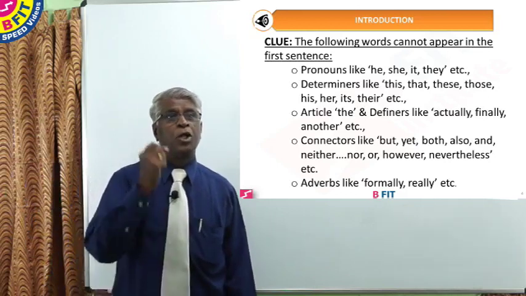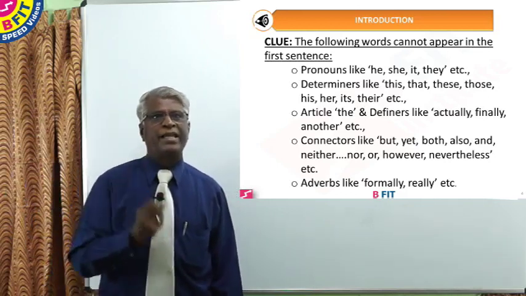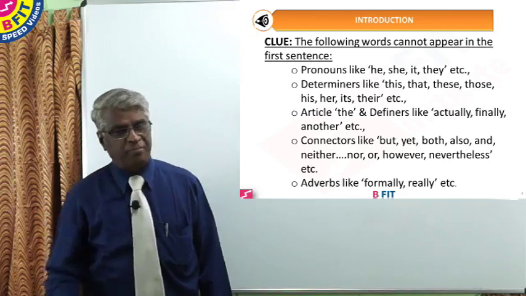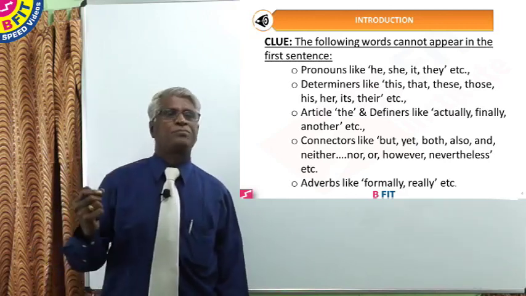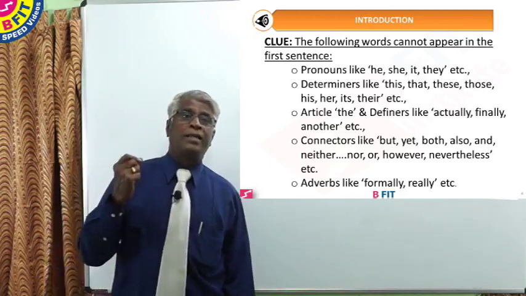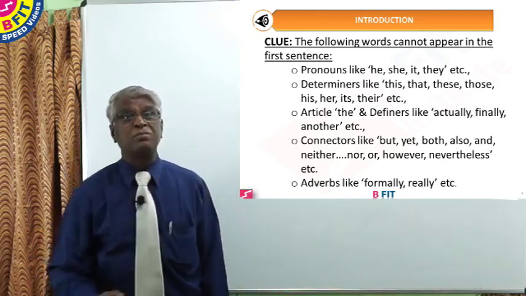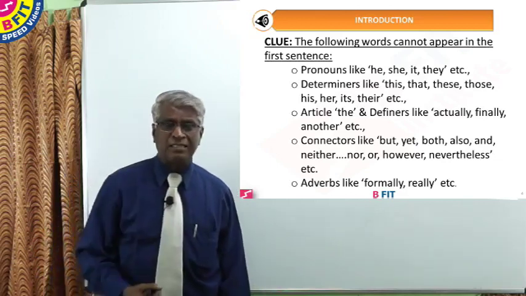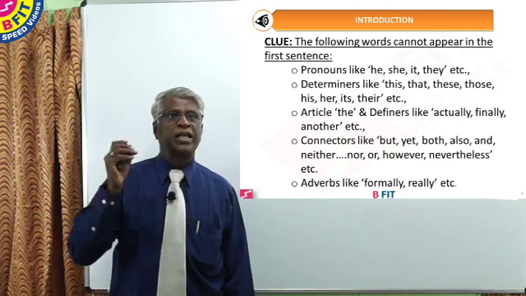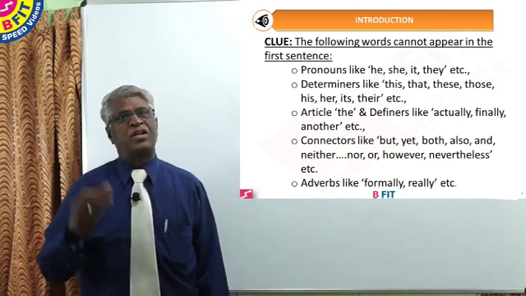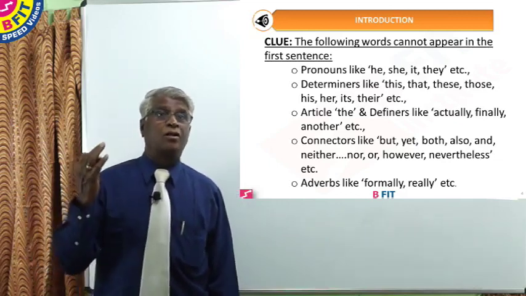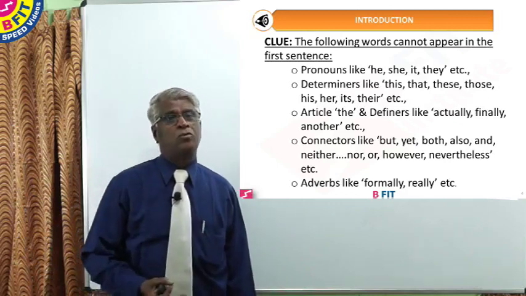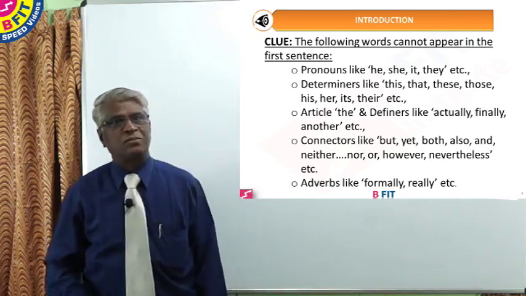For example, pronouns like he, she, it, they cannot be there in the first sentence. Determiners like this, that, these, those, his, her, its, their, etc. can also not be found in the first sentence.